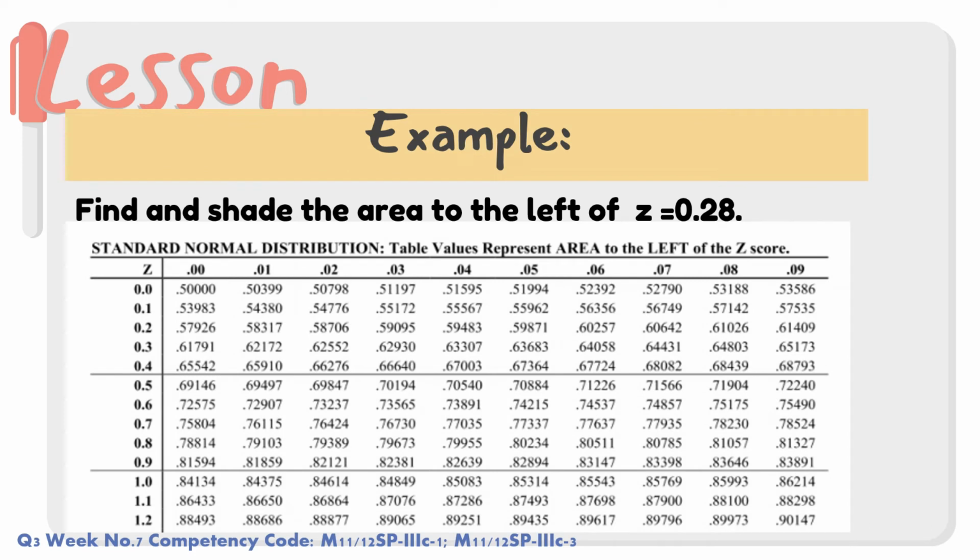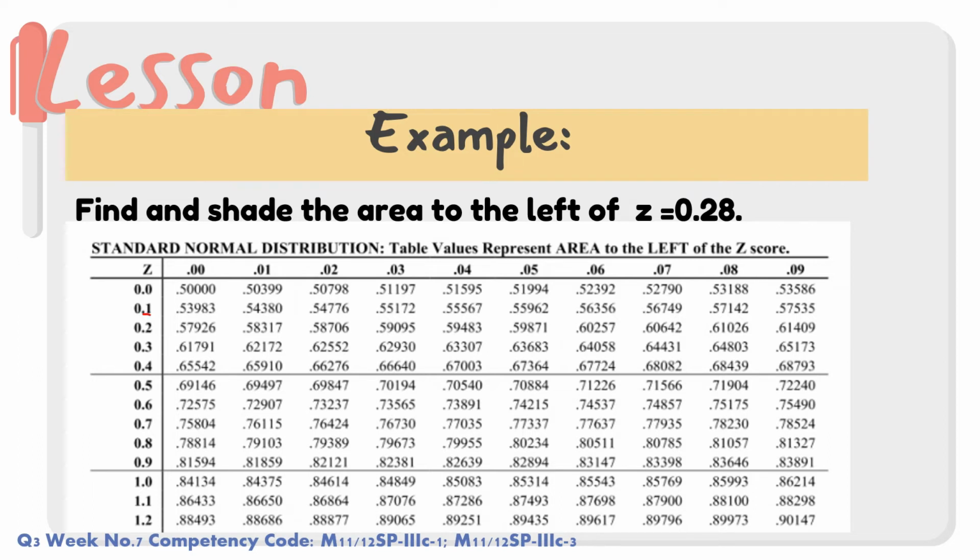If the shaded area is more than half of the bell curve, use the other z-table with positive z-values. To find the area to the left of z equals 2.8, first locate the first 2 digits on the first column. Okay, the 0.2.